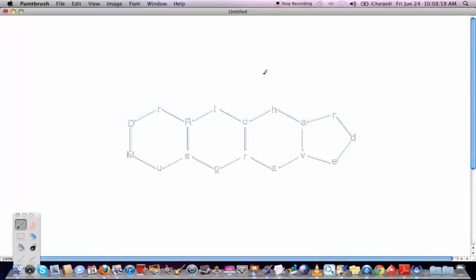So if you've got an aromatic ring, and you've got an alkyl group attached to it, what can happen is the electrons in the CH bond can be donated to the ring, at least a little bit, through hyperconjugation.